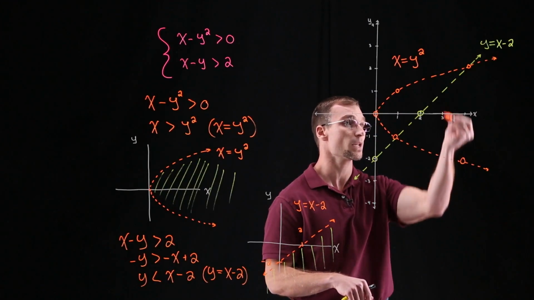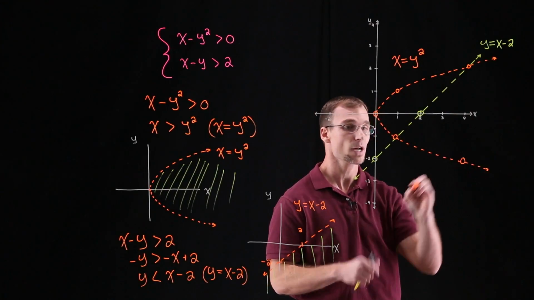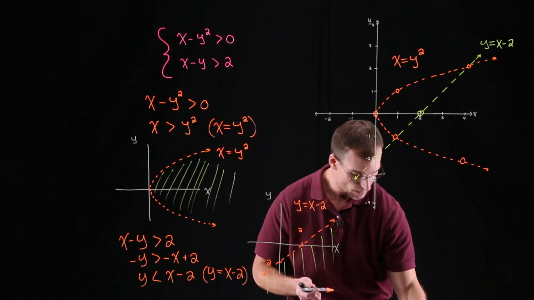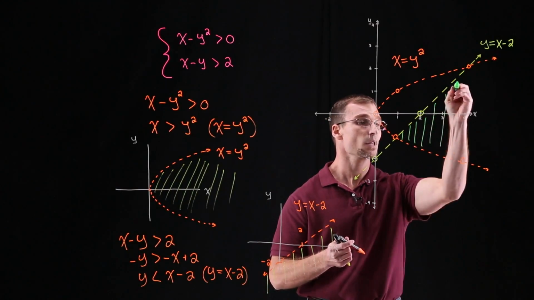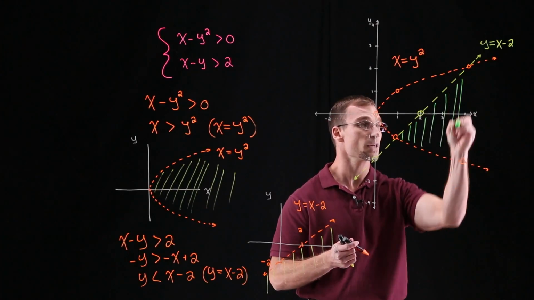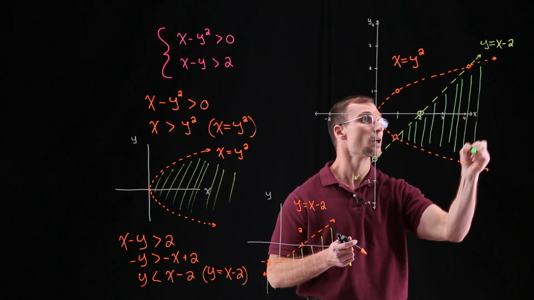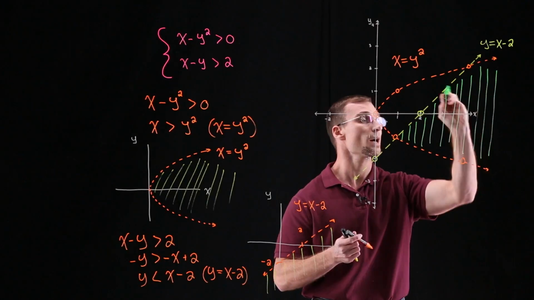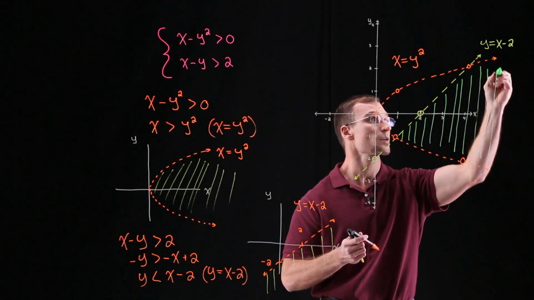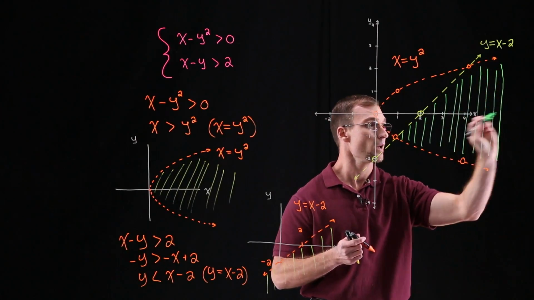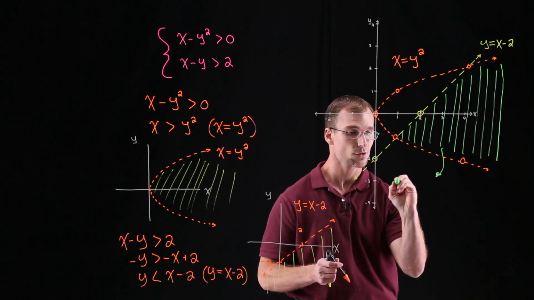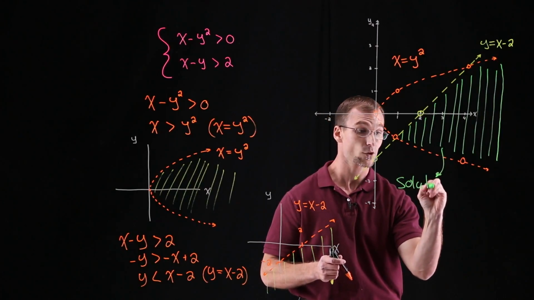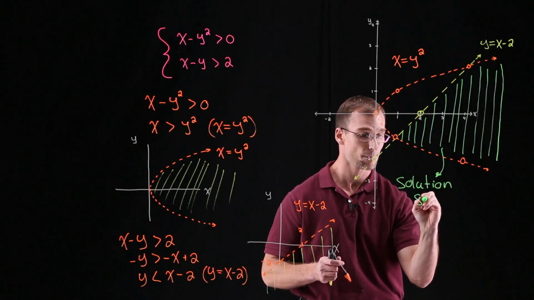All points below the line and inside the parabola put us in this region here: below our line, going all the way down to our parabola but not going past it, and continuing on past the line, staying inside our parabola as x goes to positive infinity. So there is a graph of our solution set.